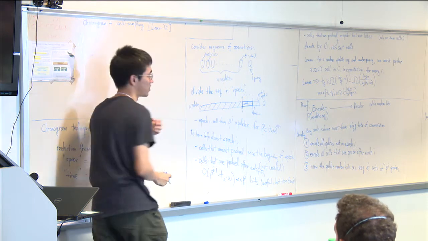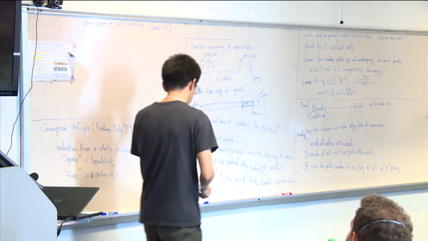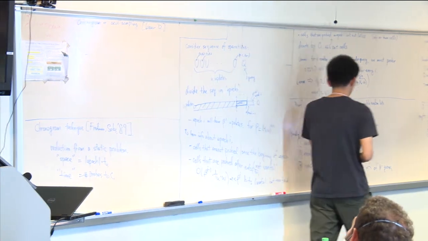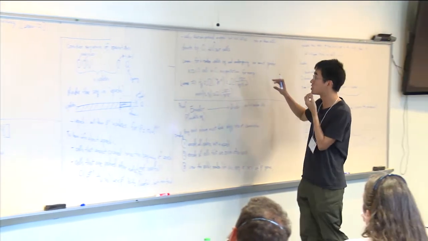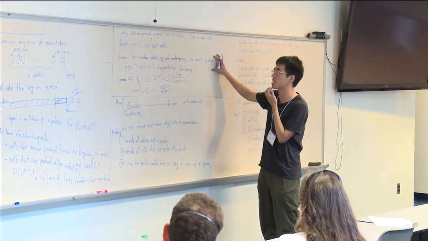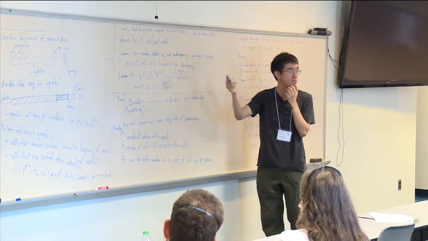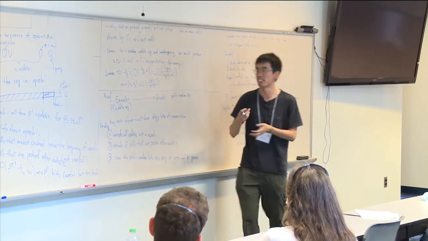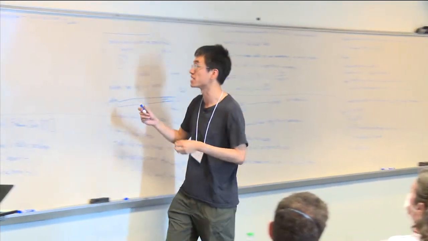Now the key lemma that we want to prove is not just that it probes one cell from CI, but that it probes, say, log n over log log n cells from CI.